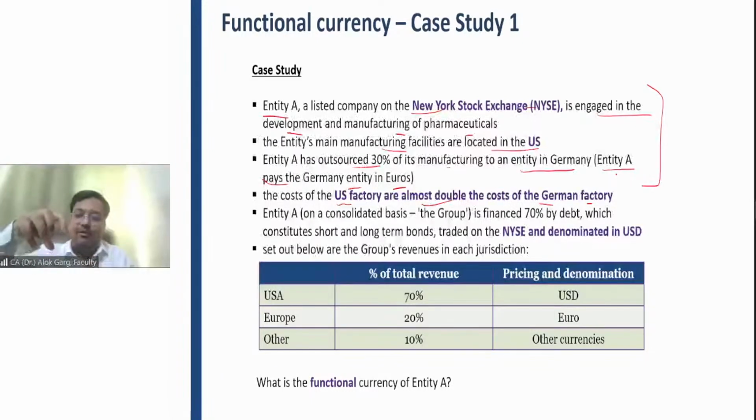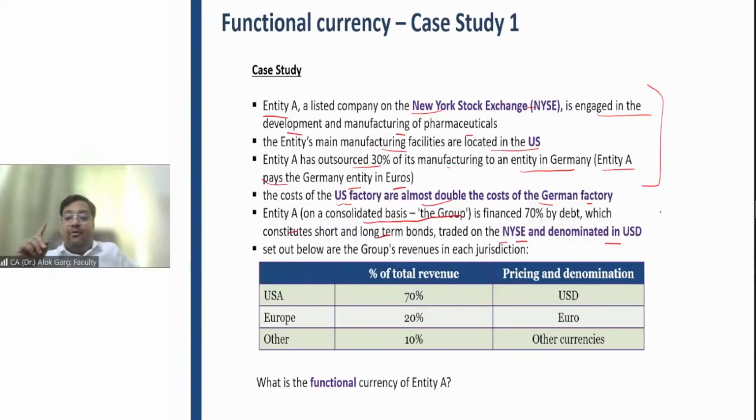So 70% US dollar, 30% euro in terms of cost. Entity A, on a consolidated basis, the group, is financed 70% by debt, which constitutes short and long-term bonds traded on the New York Stock Exchange and denominated in US dollar.